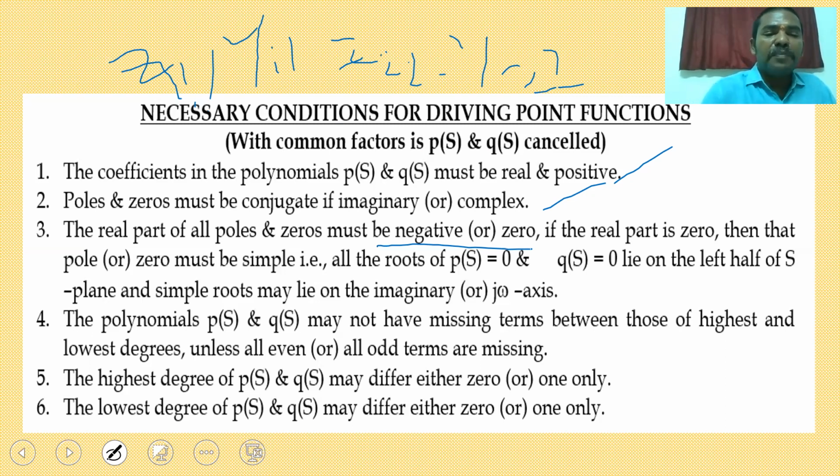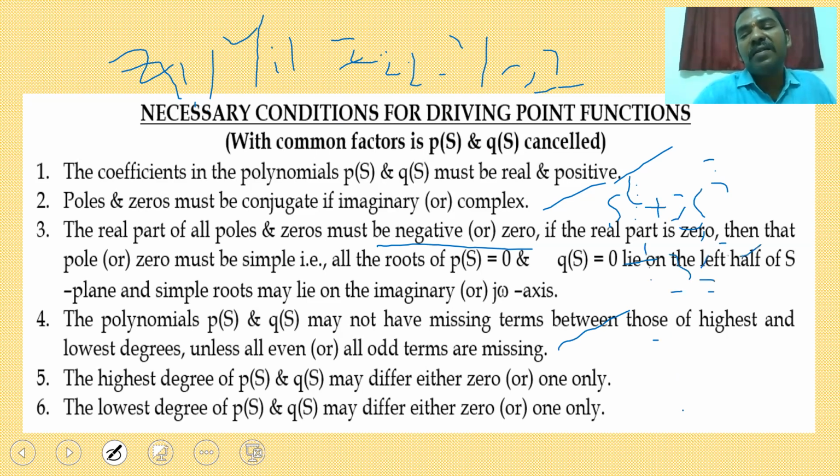Then in the P of s polynomials and Q of s polynomials, there are no missing terms. So for example, s power 4 plus 2 times s power 3 plus 3 times s square plus 4 times s plus 1 is equal to 0.